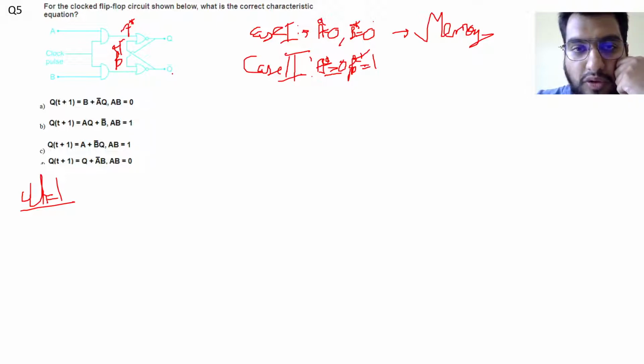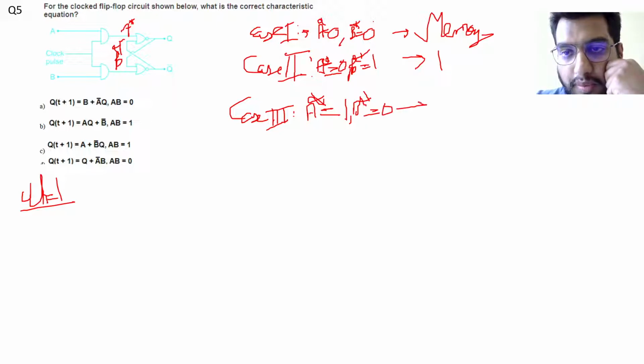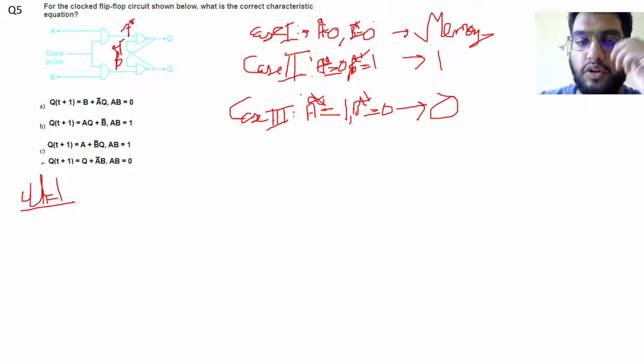Q bar will always be equal to 0. That means Q will be equal to 1. So our output will be 1. Similarly for case 3, A equal to 1 and B equal to 0, A star will be equal to 1 and B star will be equal to 0. Output will be equal to 0, just following the same pattern.